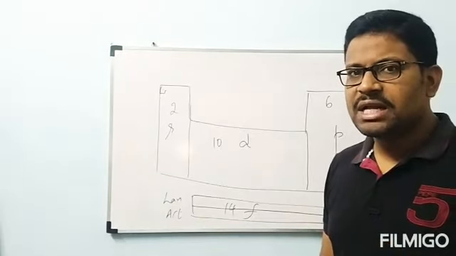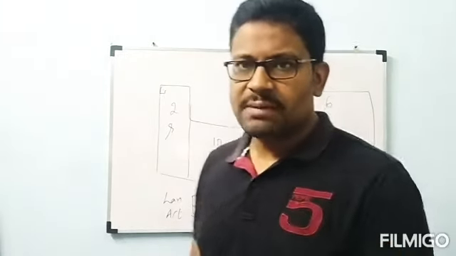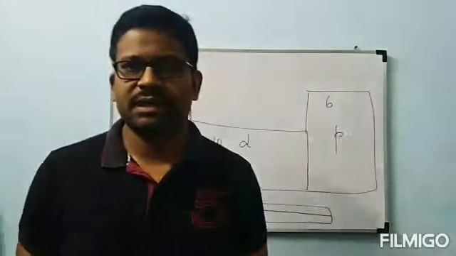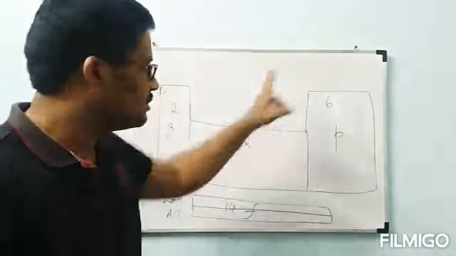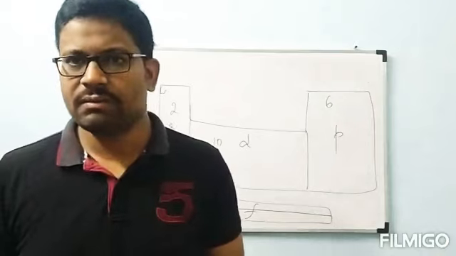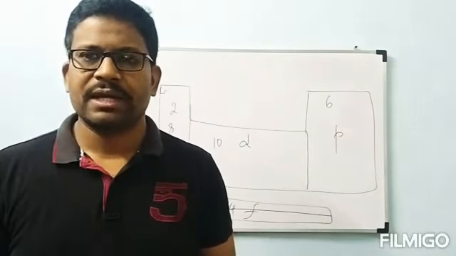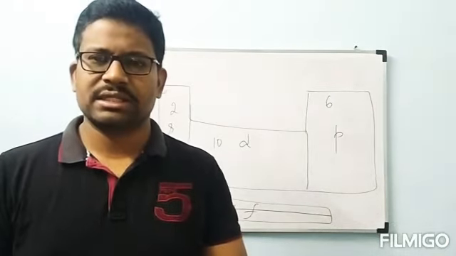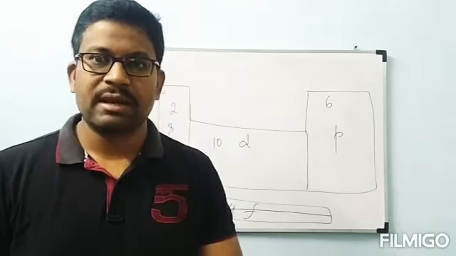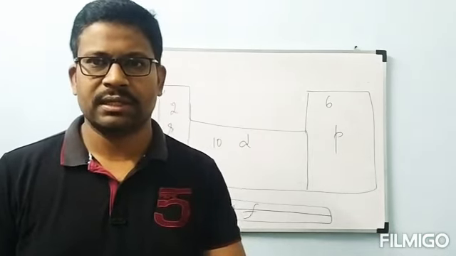Depending on periodicity, we classify the elements. That's why this chapter is called periodic classification of elements. We have also seen into how many blocks the periodic table is classified. The major discussion in this chapter is periodic properties.